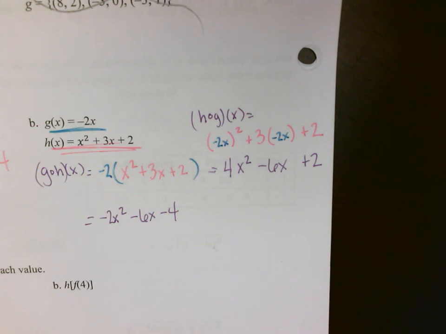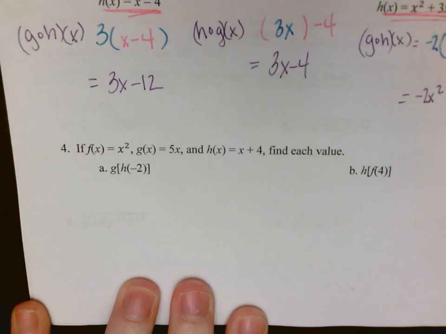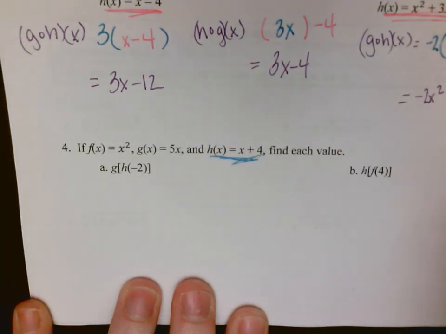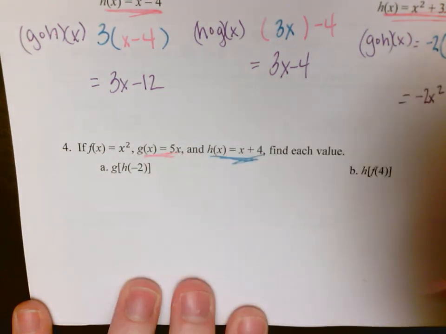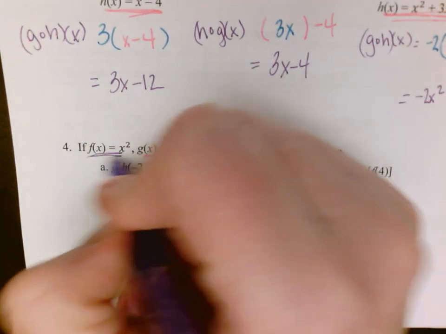So on the next one, with numerical values, you can literally just do numerical values and you don't have to find the composition. So H is going to be blue, G is going to be pink, F is going to be purple.